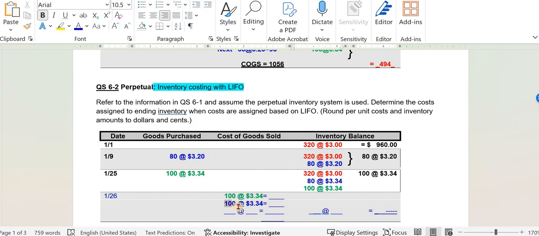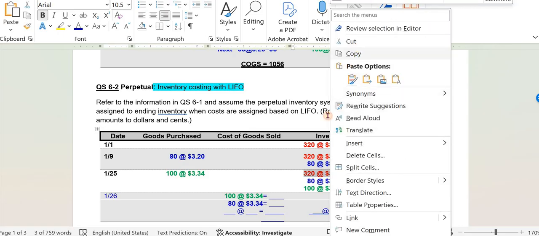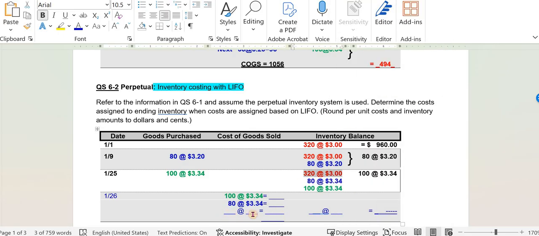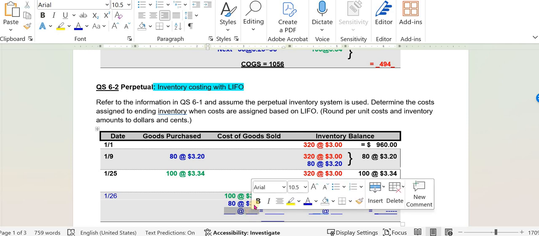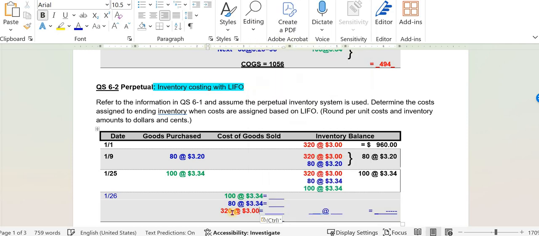Do I have enough units? I don't. I've got 180 units so far in cost of goods sold, but I sold 350. 350 minus 180 means I need 170 of that layer right there, 170 of my red layer. Not all 320. I just need 170 of those guys.